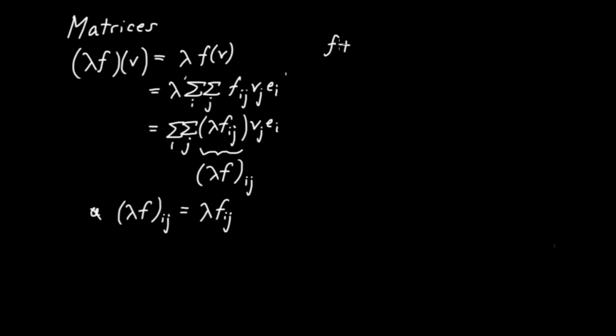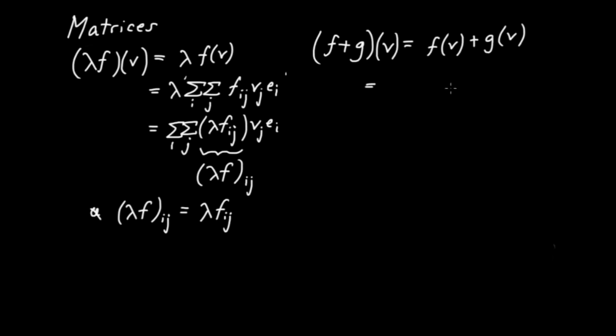Suppose I have now two linear transformations f and g, and I consider the sum linear transformation f plus g, which we know from the last video is a linear transformation. So what should be the matrix representation for f plus g given the matrix representations for f and g by themselves? So how does this act upon v? As we discussed in the last video, this by definition is f of v plus g of v. And we may expand this term and this term out as we've done down here.